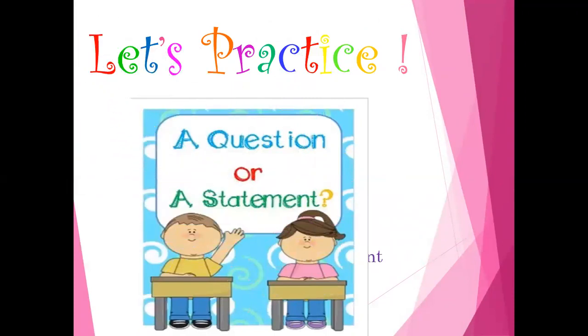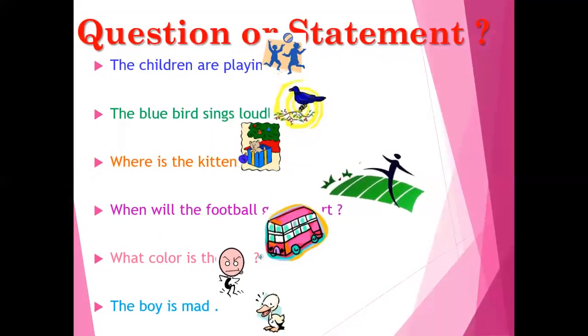Now let's practice. We're going to see some sentences and decide if each sentence is a question or statement. The statement is declarative sentence and the question is interrogative sentence. So, the children are playing.